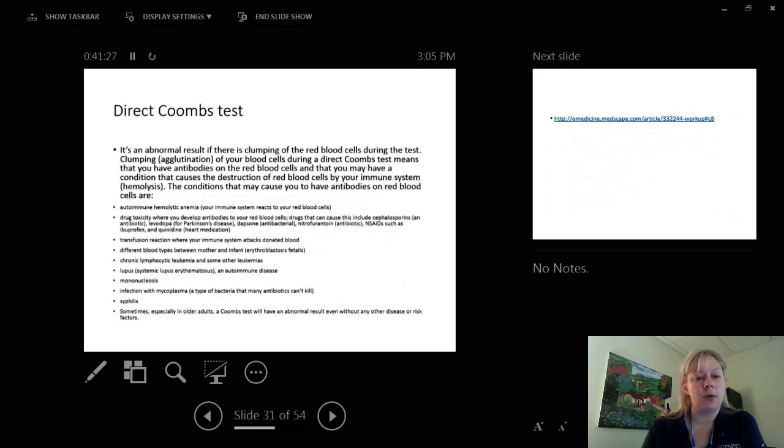So just to give you an idea, a Coombs test is not just specific for lupus. It has to do with clumping of your red blood cells. That's why I brought up the indirect Coombs, because when your blood's not compatible, like a fetus versus the mom, you're going to have that clumping of red blood cells. It can destroy them.